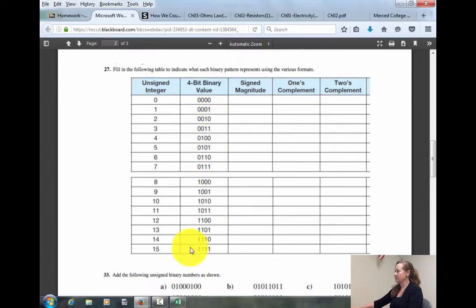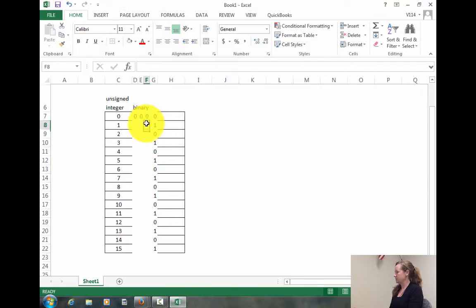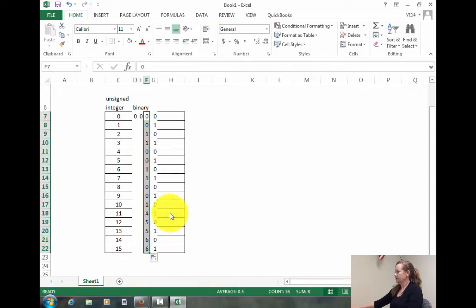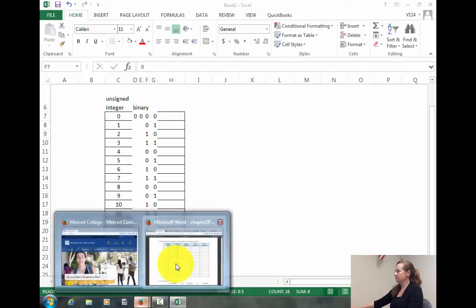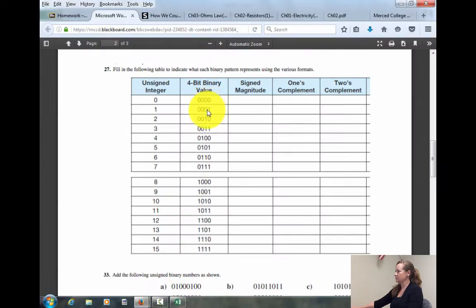What did you notice about the second digit? It goes 0, 0, 1, 1. So when you're counting in binary, you can tell that that second digit goes from 0 to 0, 1 to 1. So it's fluctuating at half the speed. And did you notice that your third digit has 4 zeros and then 4 ones?